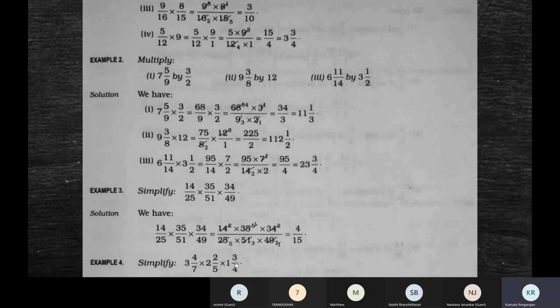Tell me this one, children. How do we do this? What's the first step? Example 4. What will be the first step? Ma'am, convert into mixed fraction. Yeah, convert. Now tell me, Anugraha, the improper fraction for 3 4 by 7.